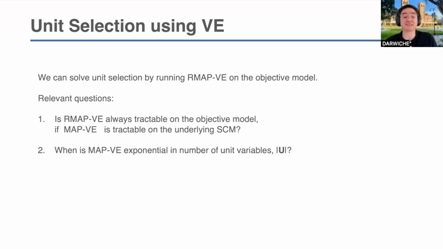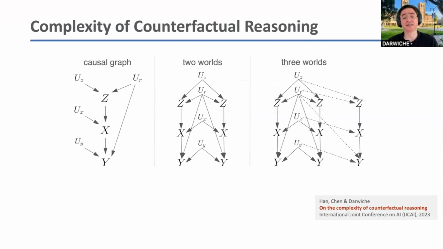And the answer is yes. And the way we show this result is we show that if you have an elimination order that you're using to solve MAP on the SCM, we can automatically construct an elimination order for this large gigantic model that is only within a constant factor in terms of width. So there's quite a bit of algorithmic and complexity results in the paper.